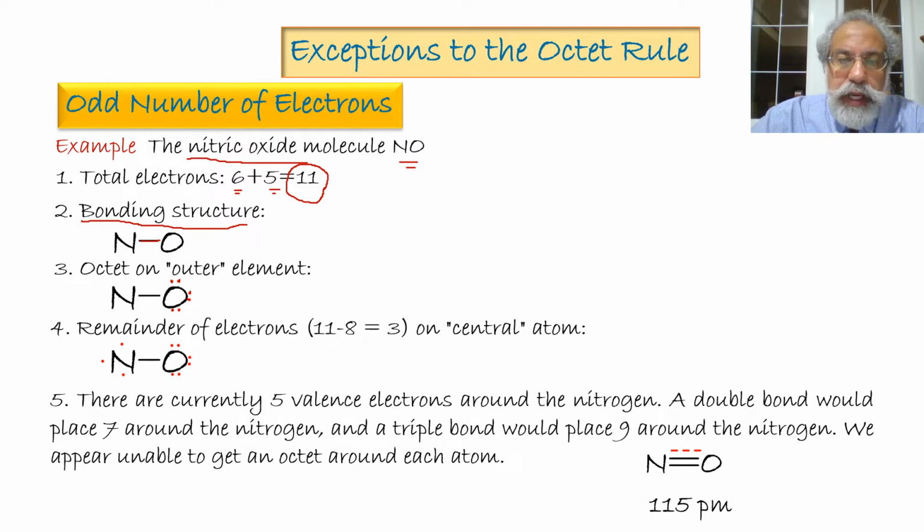We used 8 electrons this way, 6 and 2 electrons here, 8. We have 11 minus 8, so 3 electrons left. We give it to nitrogen.